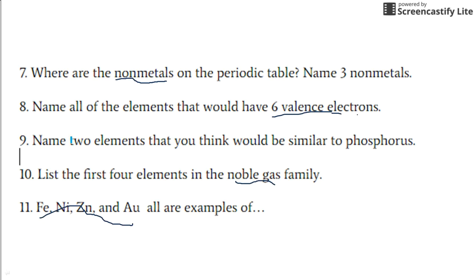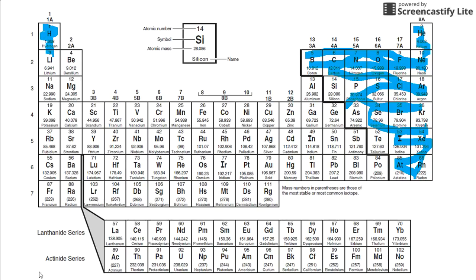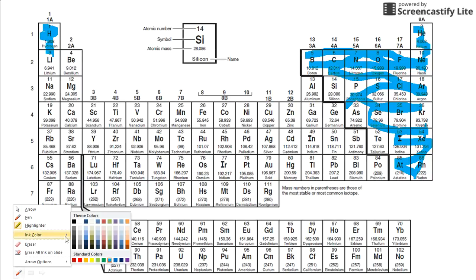All right, next up. Name all of the elements that would have 6 valence electrons. Valence electrons are going to match these numbers on your periodic table that say A. Here, I'll highlight those in a different color. Maybe a light blue.